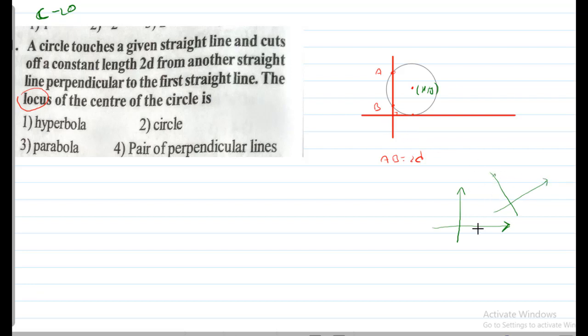By using translation and rotation concepts, I can make this a new x-axis and this a new y-axis. That is not a big problem. Now I want to treat this as the x-axis and this as the y-axis. Now I want to solve the problem.